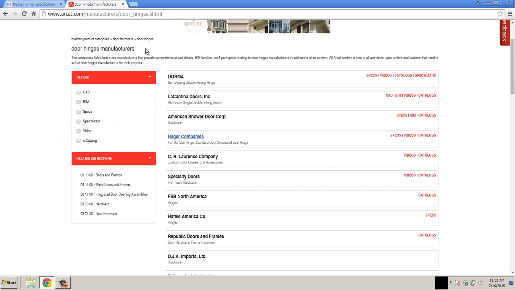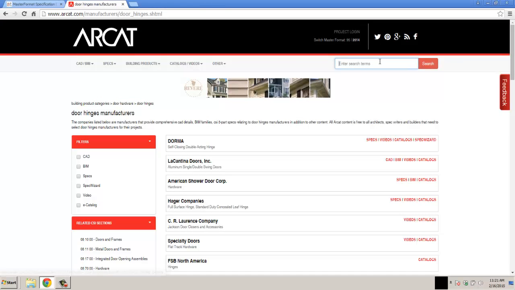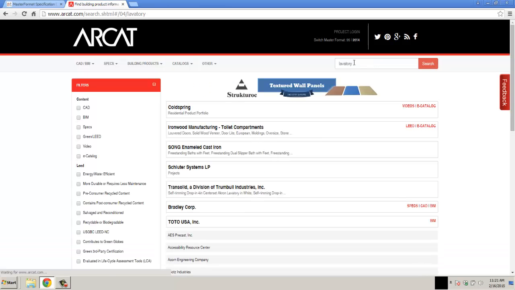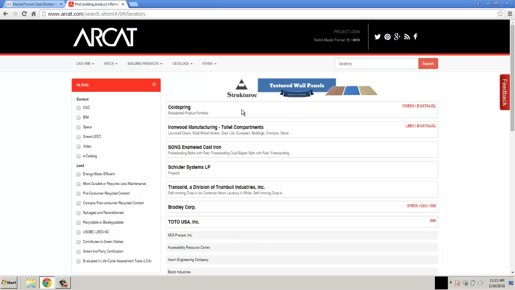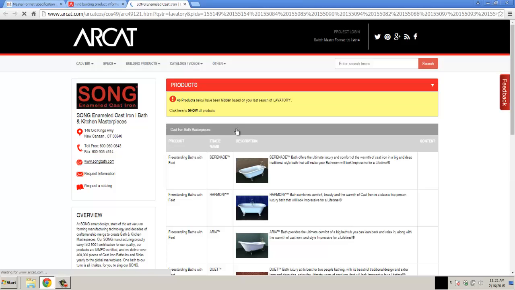Let's pop out of this one and just look at one more item. Let's find, let's see, lavatories. So this is going to fall under freestanding baths with feet.